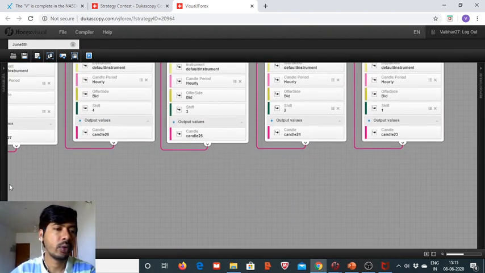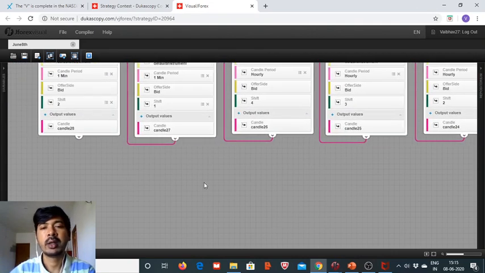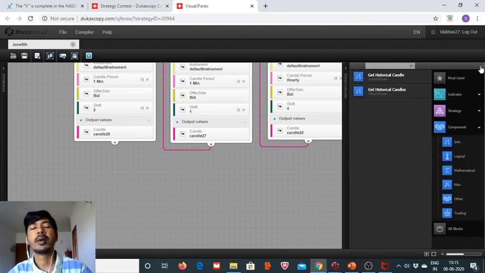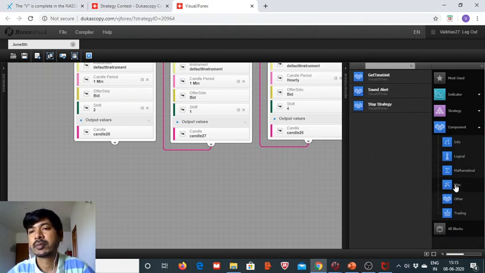Now, though I had not listed it, we are still going to need the ATR values to do the calculation for stop loss and the target. So we again look for ATR.